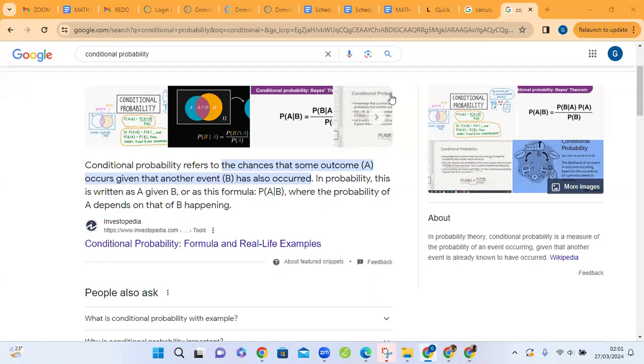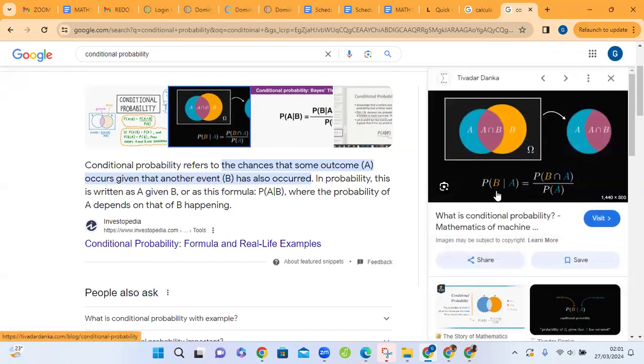The conditional probability is given by this formula: the probability of B given A is the probability of B and A, where they intersect, over the probability of A. So we have to look to see where those two events intersect, divided by the condition.